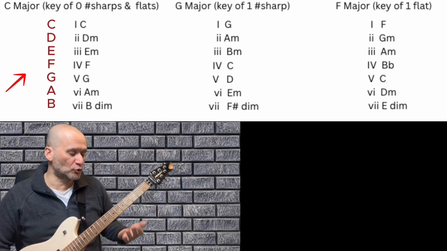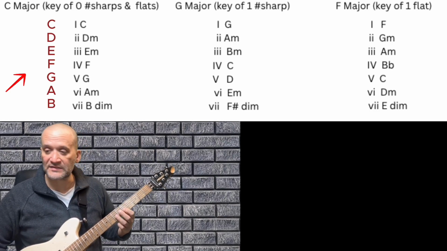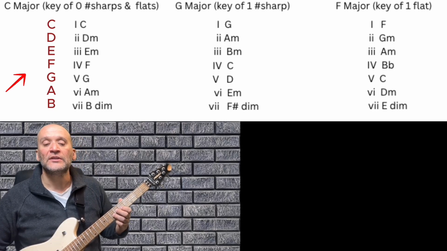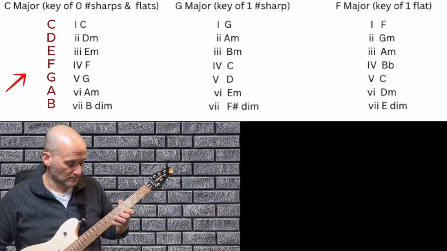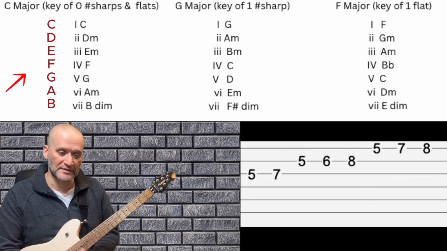Okay, if you look above you, you will see the C major key signature and scale. So the notes of a C major scale are C, D, E, F, G, A, B. Okay, and you've got the tab right there for that as well. Very easy.